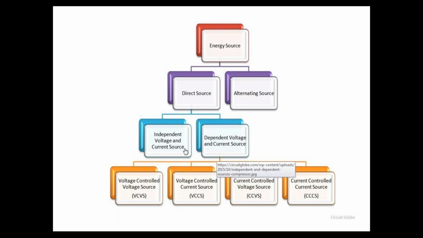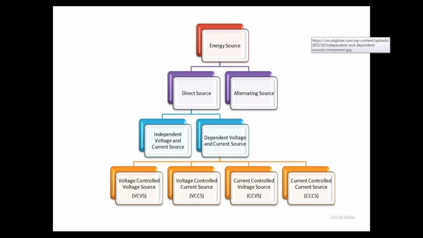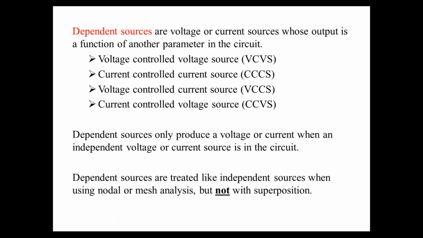Independent voltage and current sources can be used wherever we want to operate them individually. But dependent sources also exist in this world. So a dependent source is the one I will describe here.